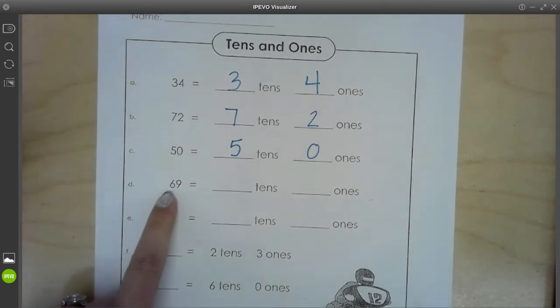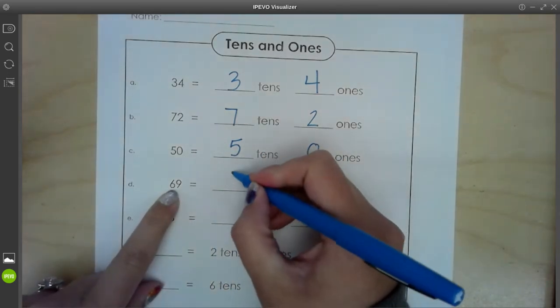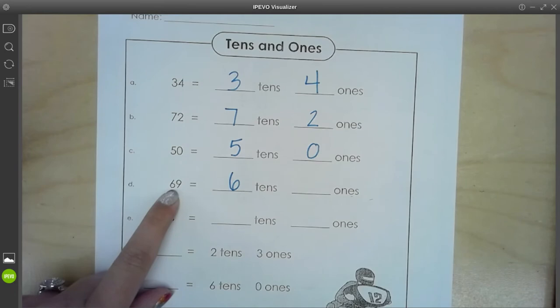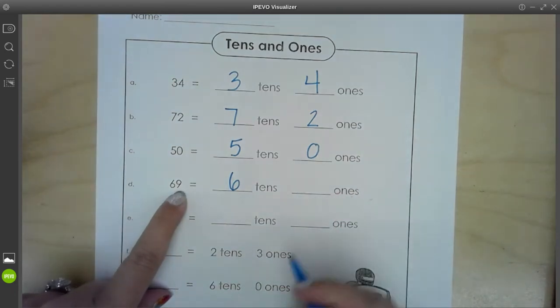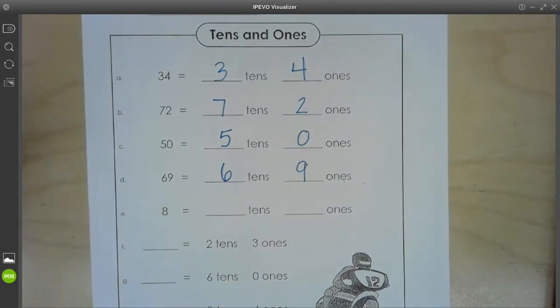Next number we have is 69. If we look at the tens, we have 6 tens, and in the ones we have 9 ones. So 69 has 6 tens and 9 ones.